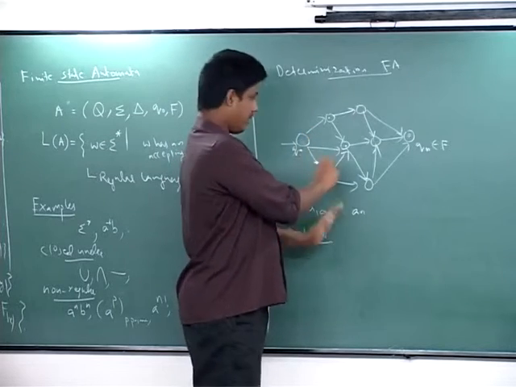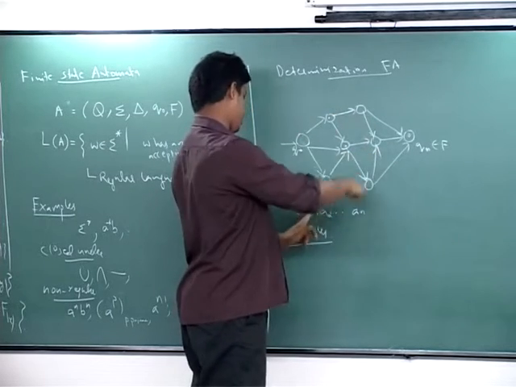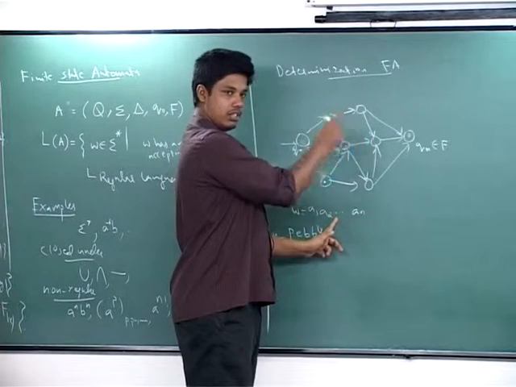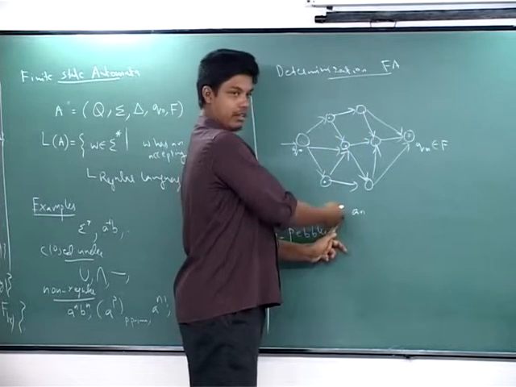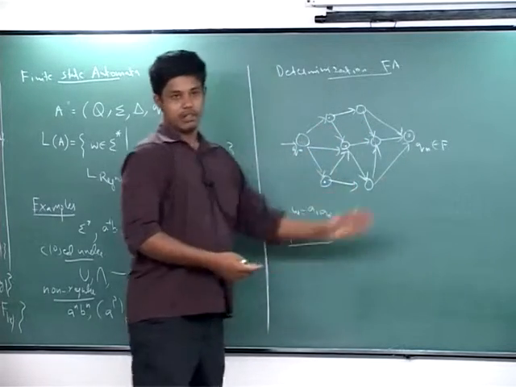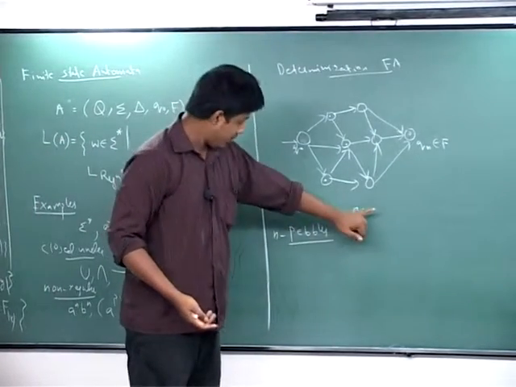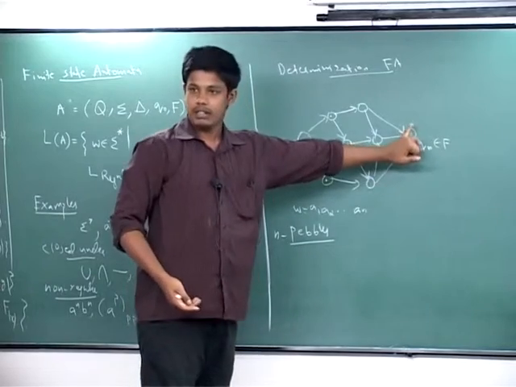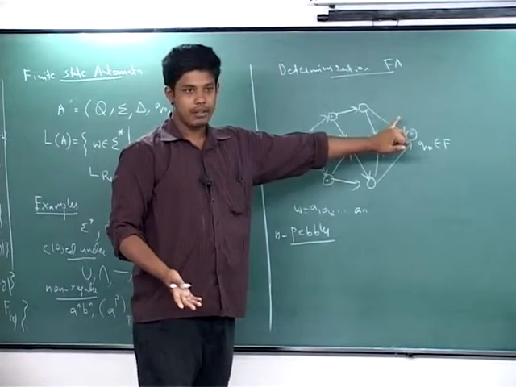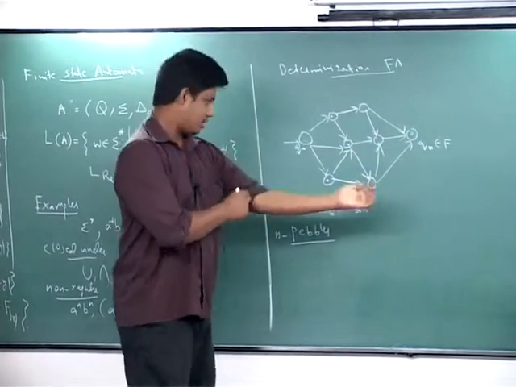Whenever I see a letter Ai, put pebbles in those states which are reachable from a pebble state on Ai, take out all the rest of the pebbles and continue. Finally, once you finish reading the string, you check if there is a pebble in a final state. So this is exactly the subset construction.